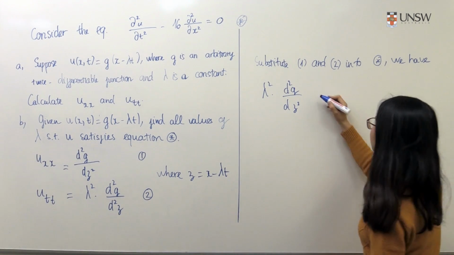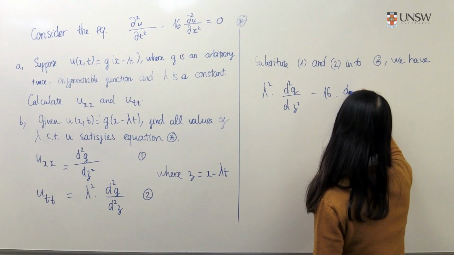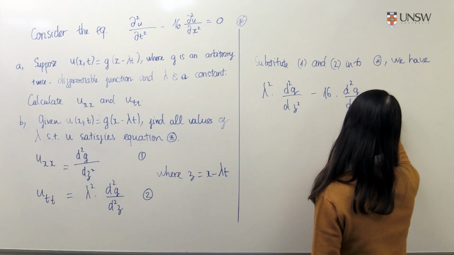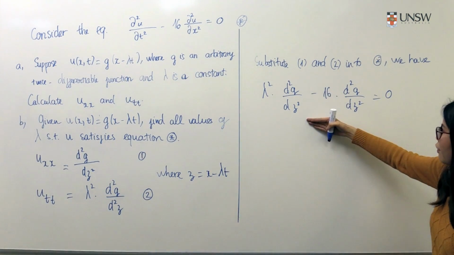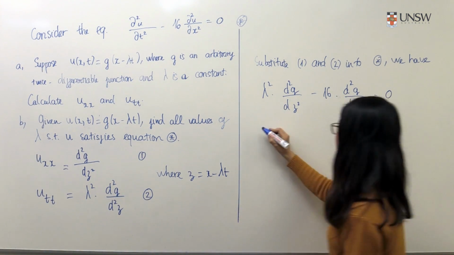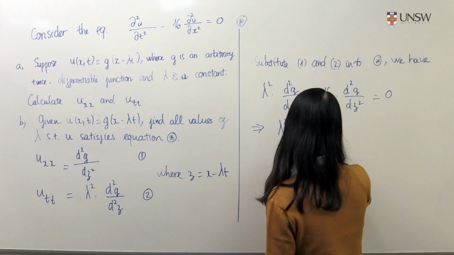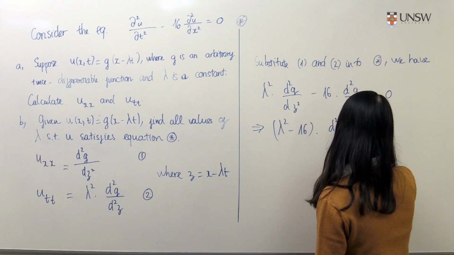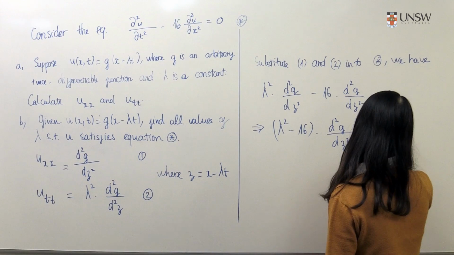And the second one is 16 times the second derivative of g with respect to z. So now here we have the second derivative of g with respect to z as a common factor. So we can simplify this equation as lambda squared minus 16 times the second derivative of g with respect to z equals 0.